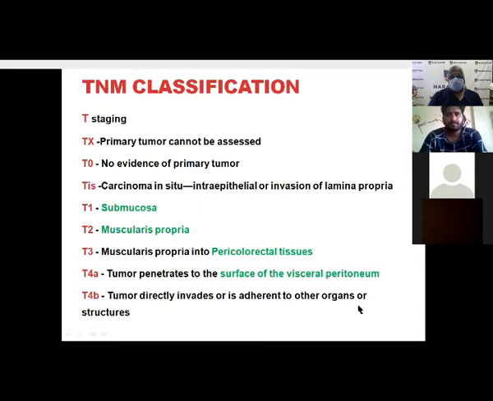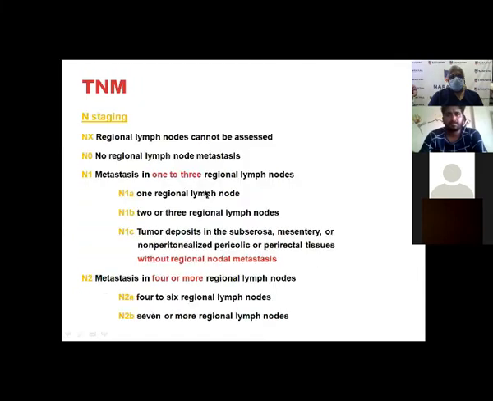T4B, nearby structures. Then there is the N staging. NX, nodes cannot be assessed. N0, no nodes. N1A, one regional node. Now it has become 2 or 3 rather than epicolic, pericolic, and so on. N1B is 2 or 3. N1C is tumor deposits in the subserosa, mesentery, or non-peritoneal pericolic or perirectal tissue without regional lymph node metastasis.